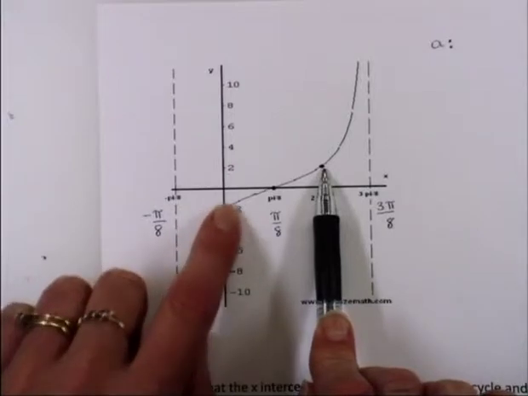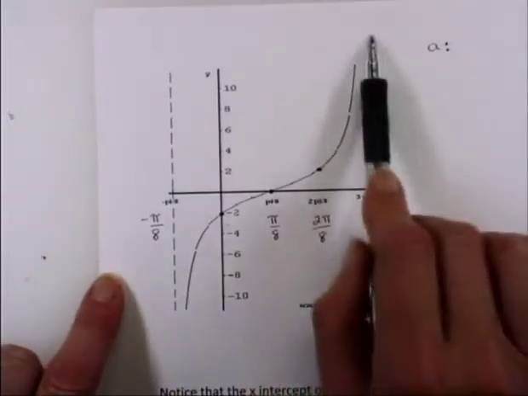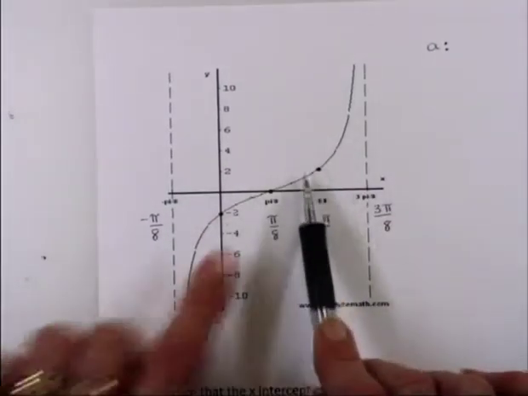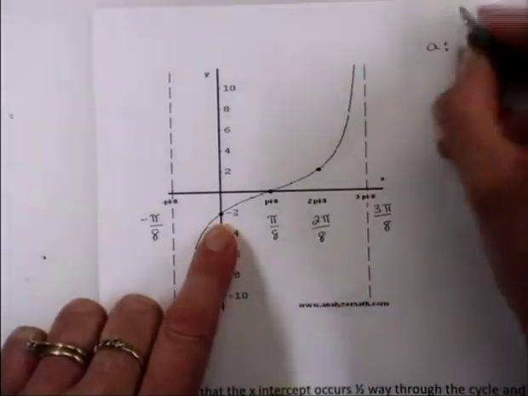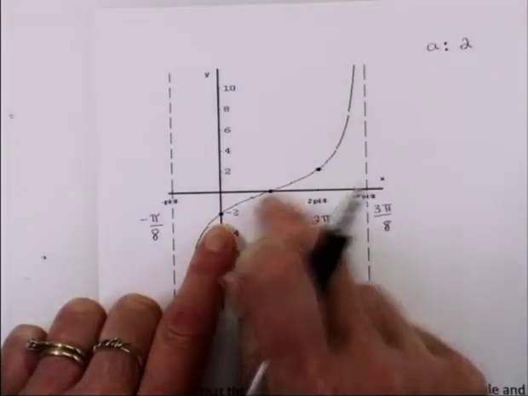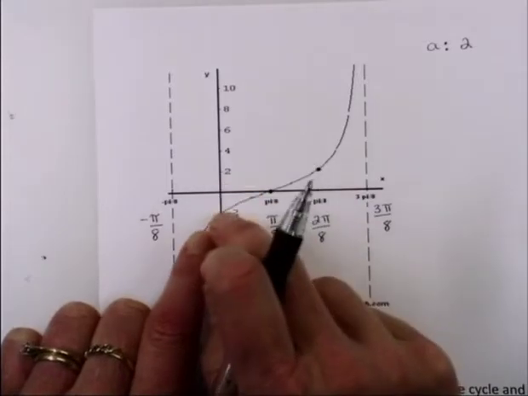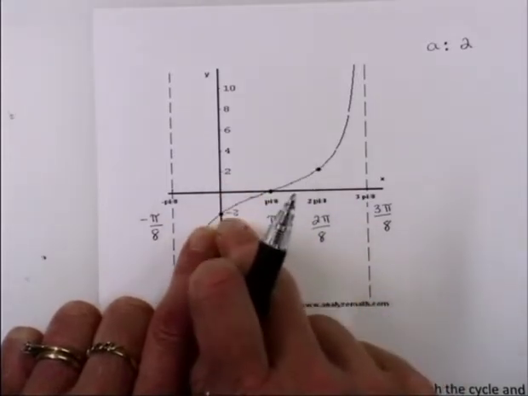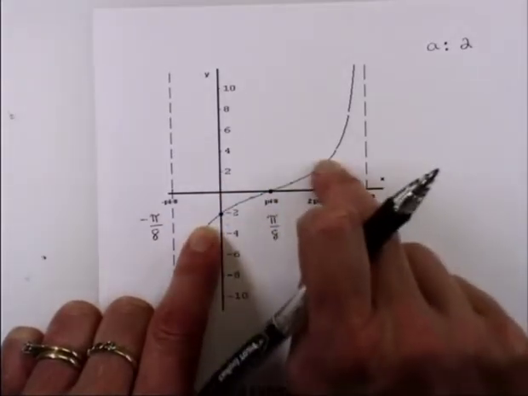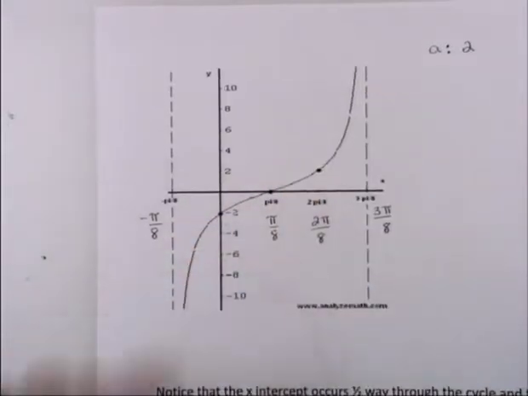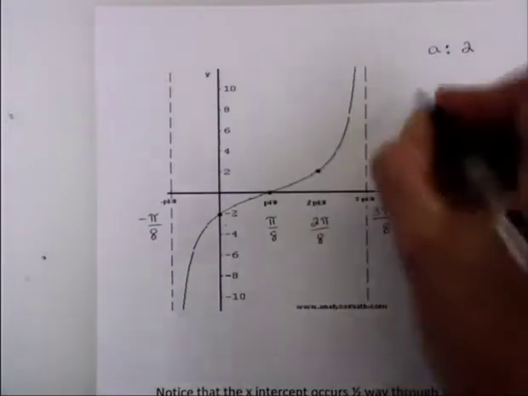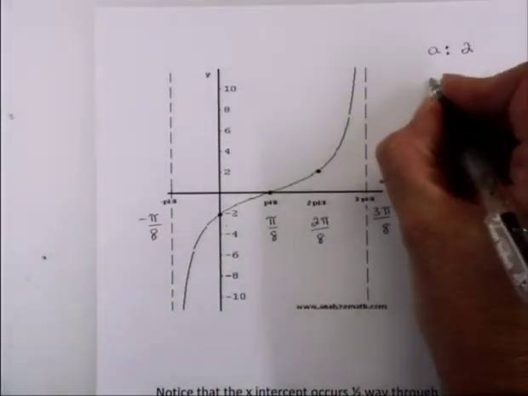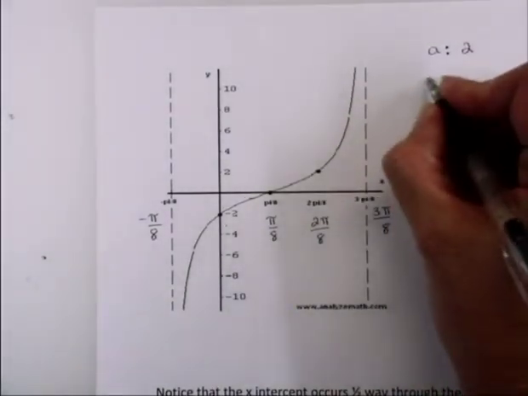And if you look at this, if I'm writing a tangent function, I can see that my steepness is 2 because that point, 1/4 of the way through, is at -2, and 3/4 of the way it's at +2. And since it's a tangent function, it'll be 2. All right, frequency. Well, first I better find the period.